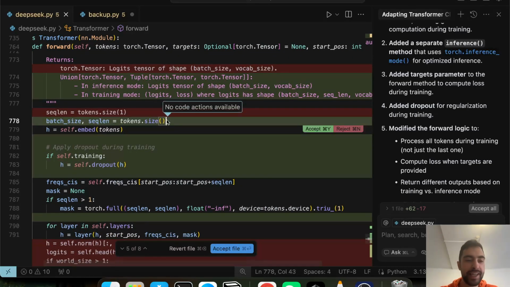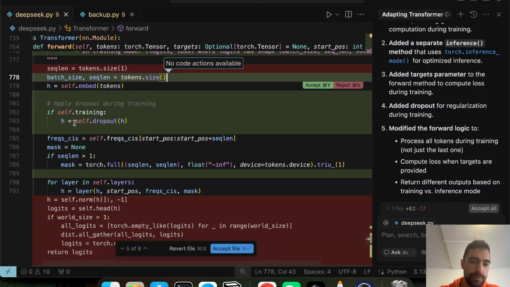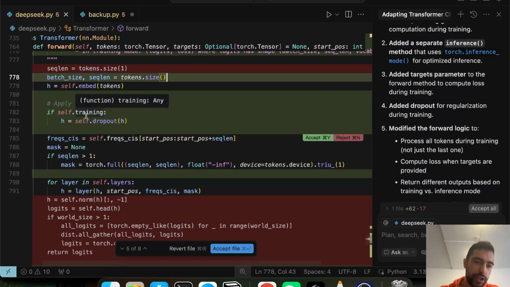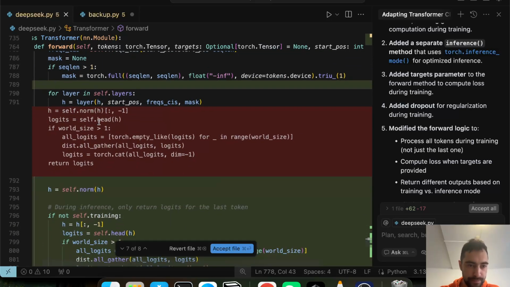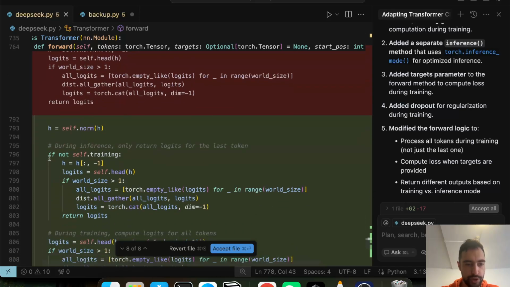Because of the training, it would take both batch size and sequence length, not just sequence length. And then it would apply dropout during training. Maybe this is not needed, I think some of the transformers don't use dropout, but anyways, it would just move this inference part down below. So you see here, if not self training, and then it does this inference code.